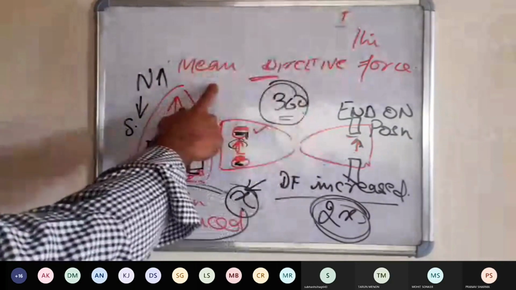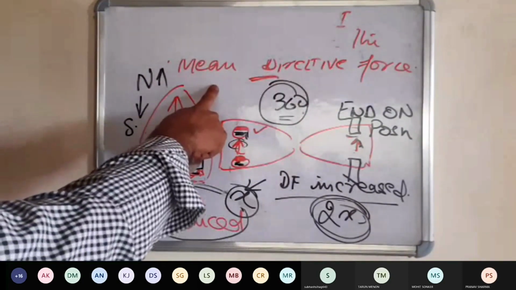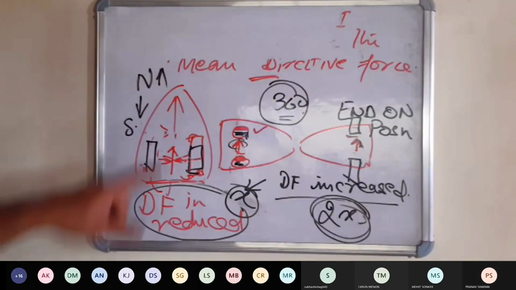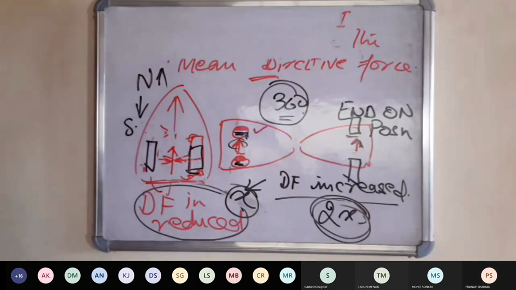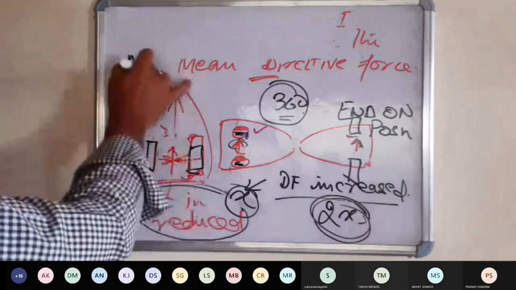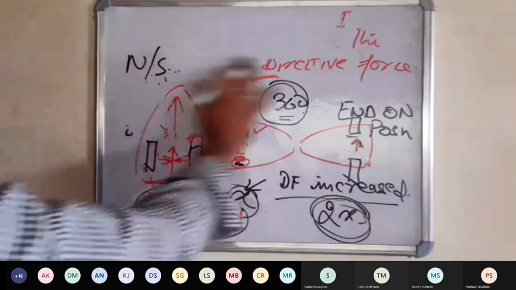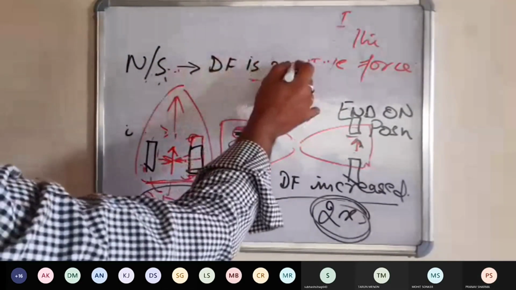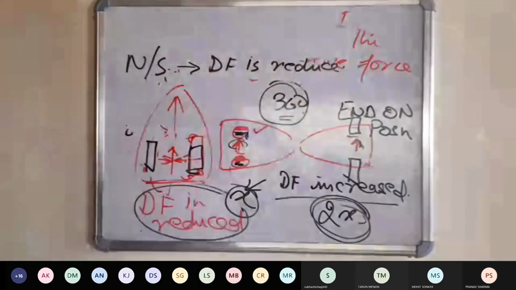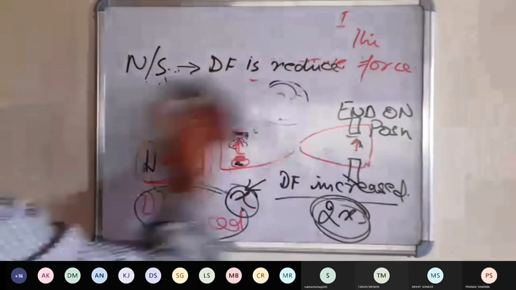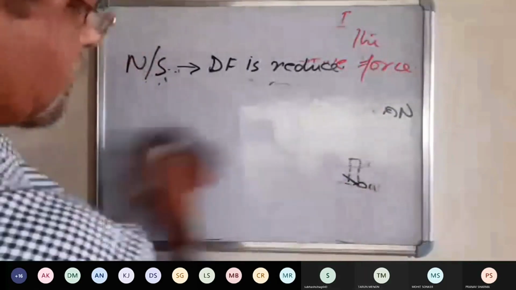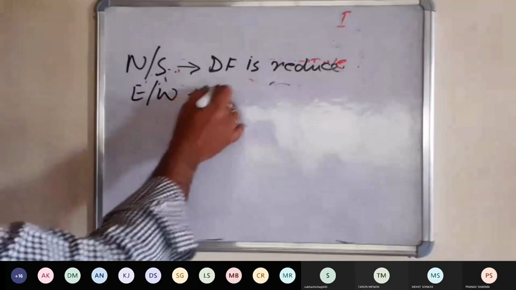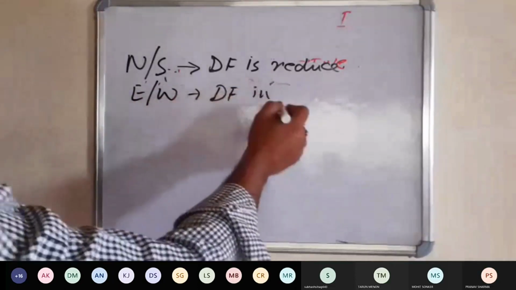This is a question which is asked in the examination. How the soft iron spheres increase the mean directive force? The answer is like this, that on north south forces the DF is reduced, on east west forces DF is increased.